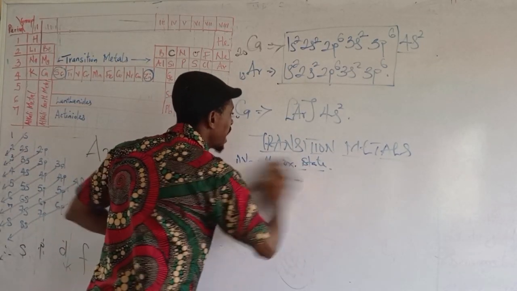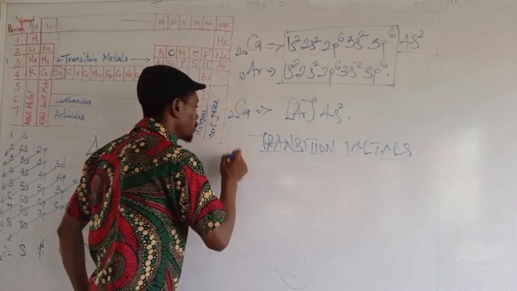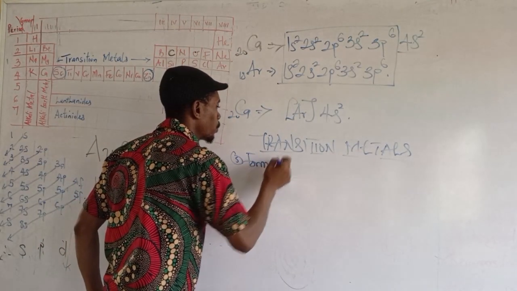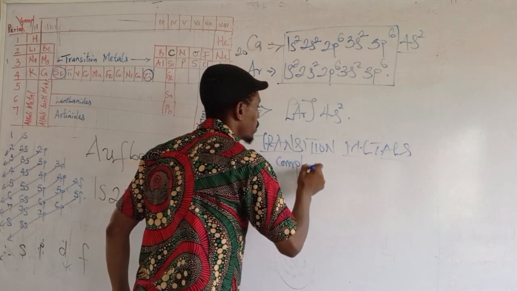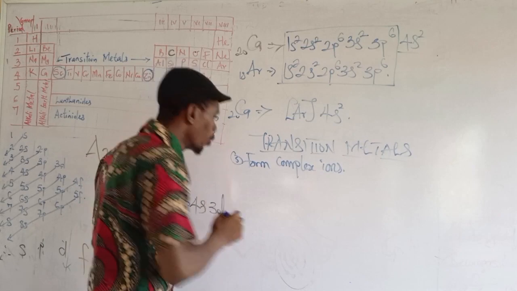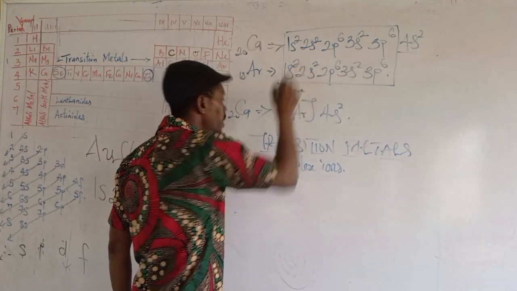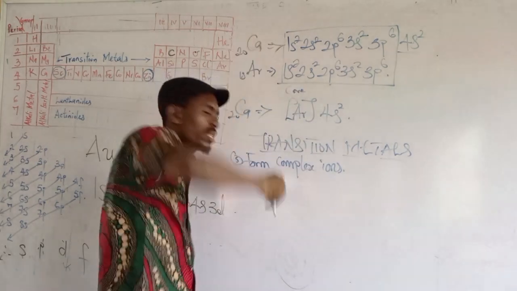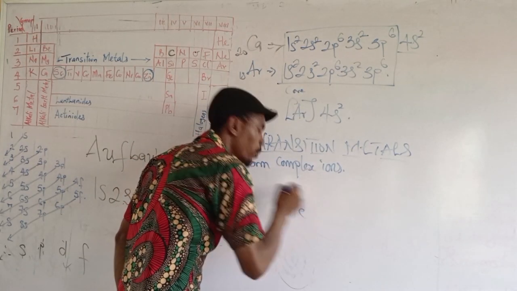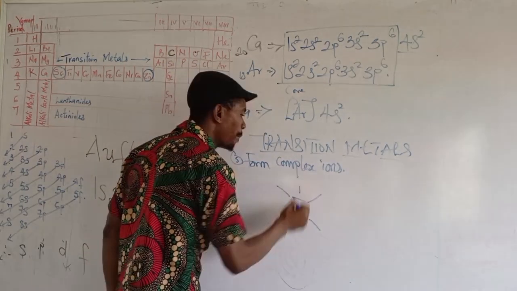Number 3 is their ability to form complex ions. What is a complex ion? A complex ion has a central core, C-O-R-E, of the transition metal. For example, we could have iron here, to which other groups are bound.